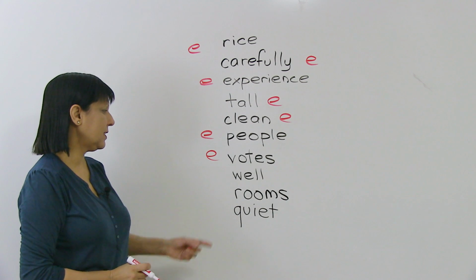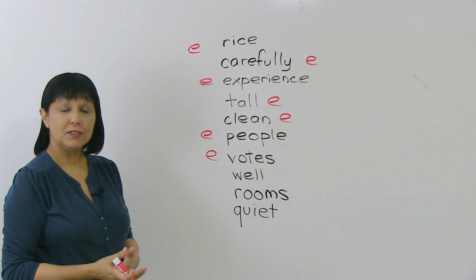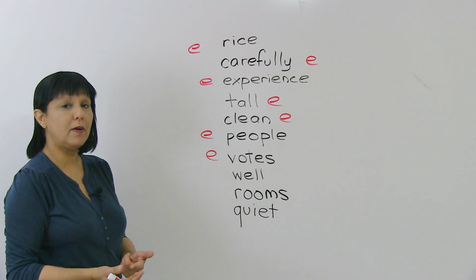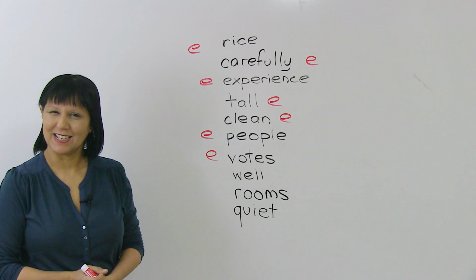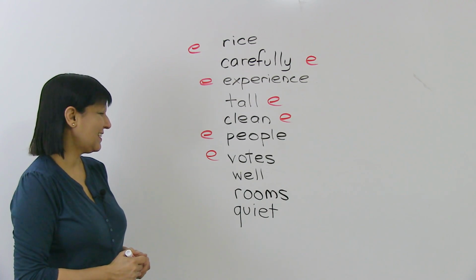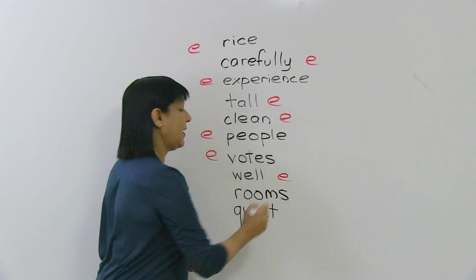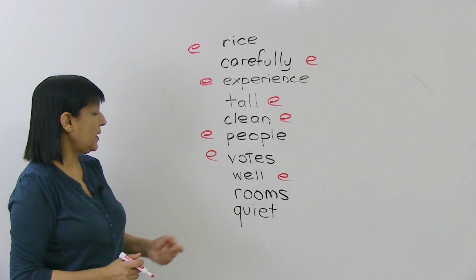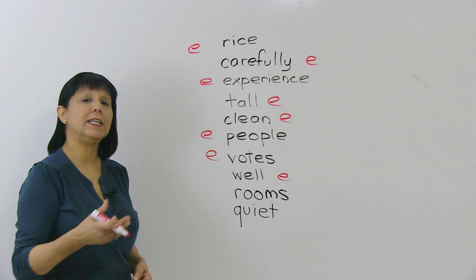Okay, good. You speak enough well to give a presentation? Or should we say you speak well enough to give a presentation? What do you think? It should be well enough. All right, very good. We have enough rooms for everyone, or we have rooms enough.